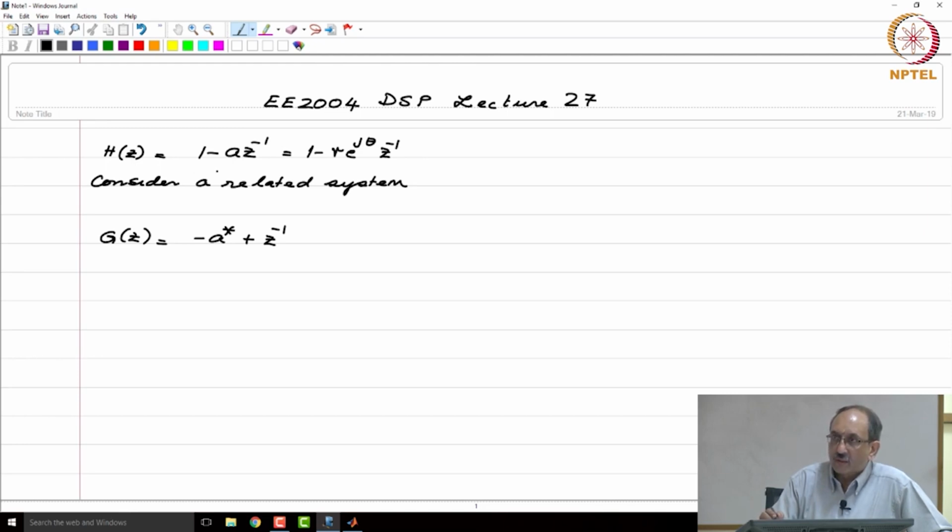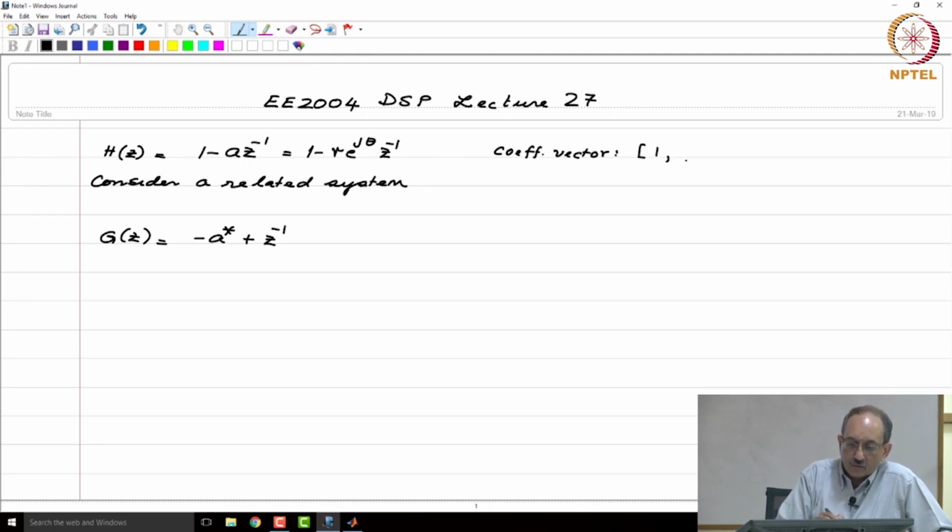If you look at h of z, the coefficient vector is 1 comma minus a. All I have done is I have just taken all the coefficients and made them as a vector, and clearly this is 1 comma minus a.